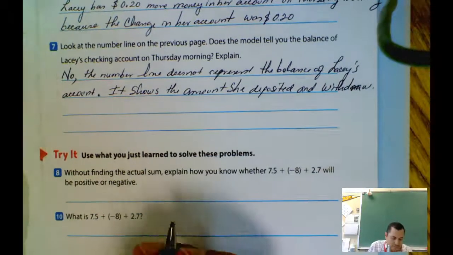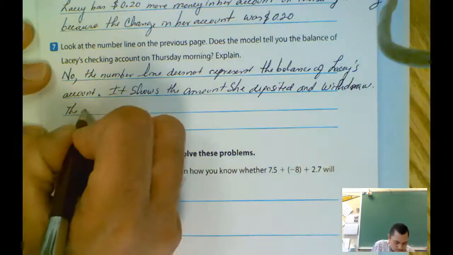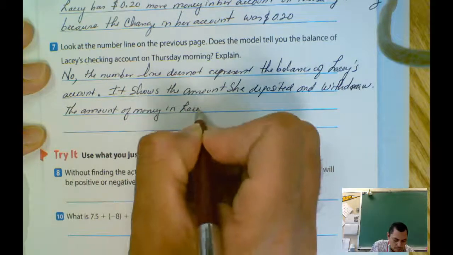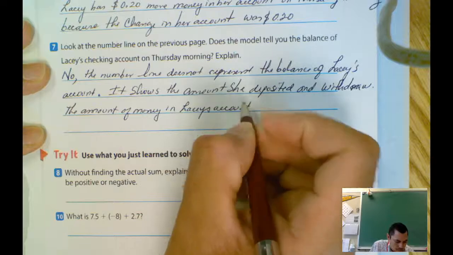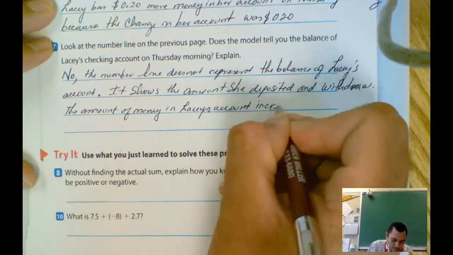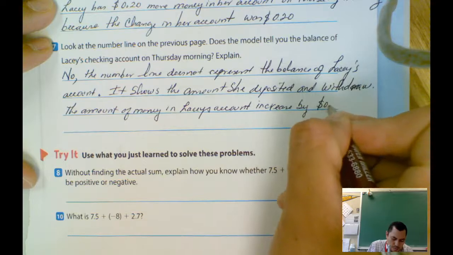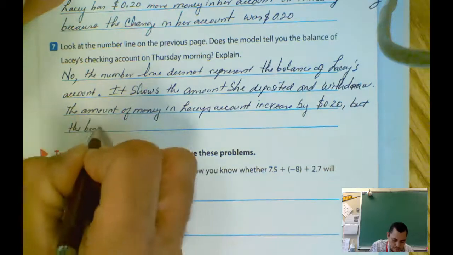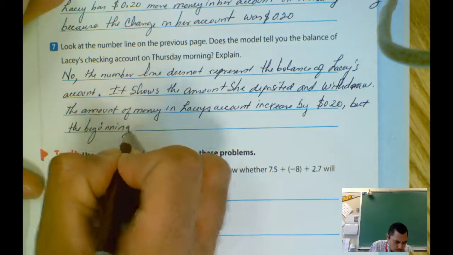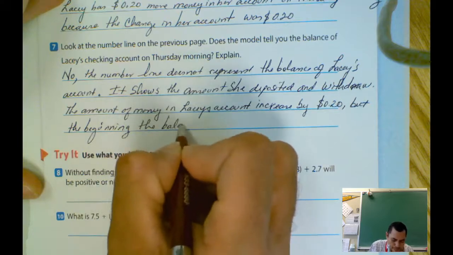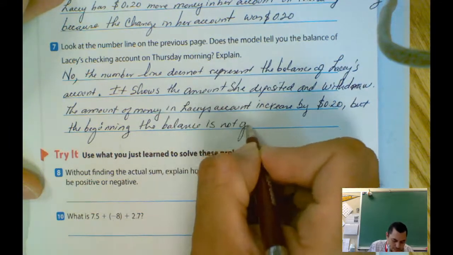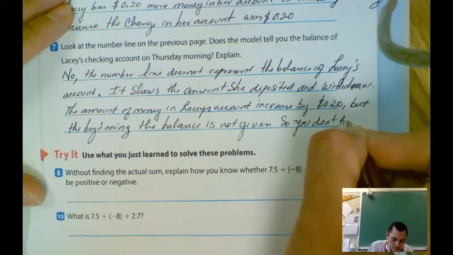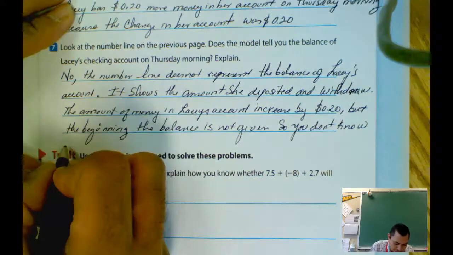So in this case, the amount of money in Lacey's account increased by 20 cents, but at the beginning, the balance is not given. So you don't know the balance.